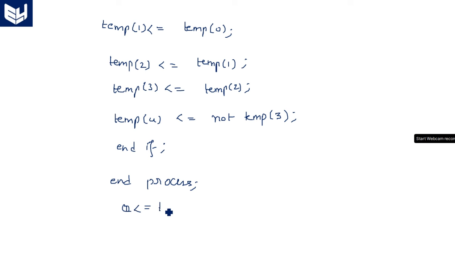Q is equal to the obtained temporary signal, and end behavioral.